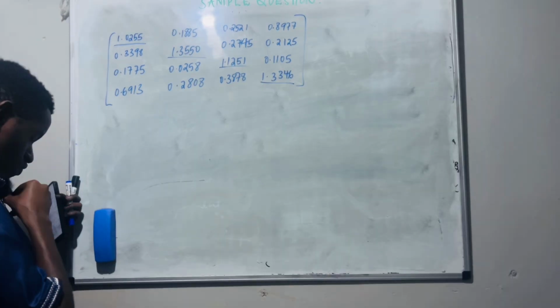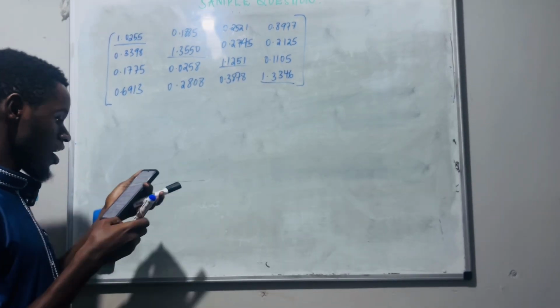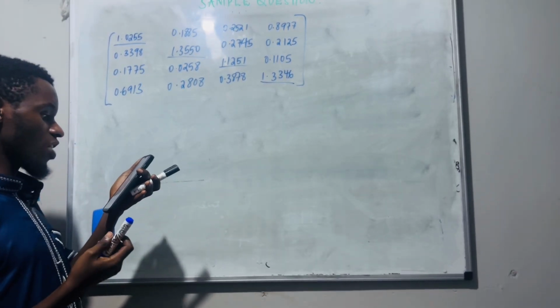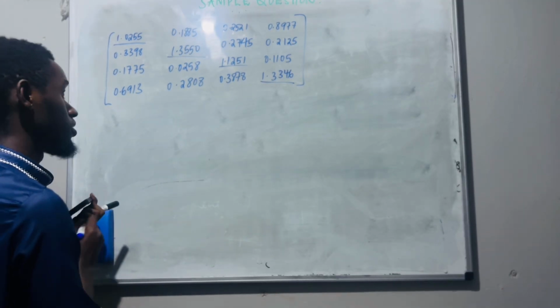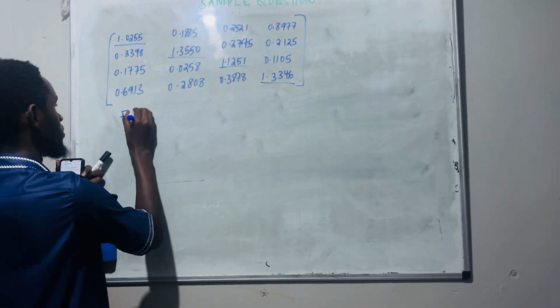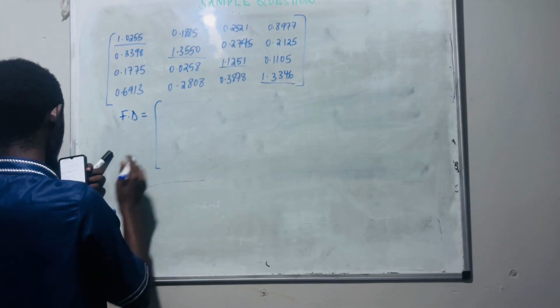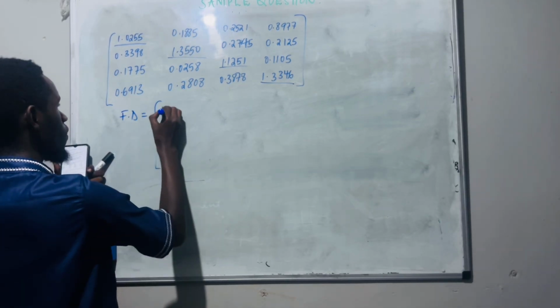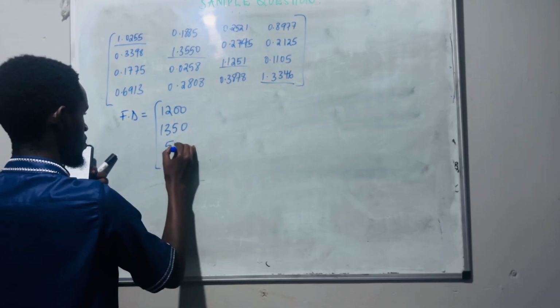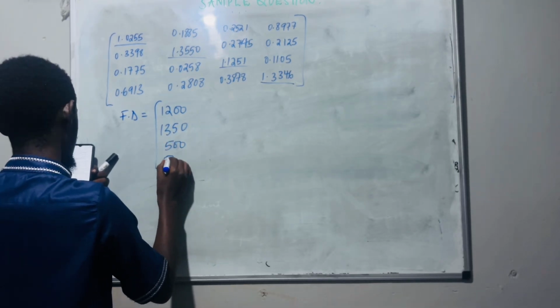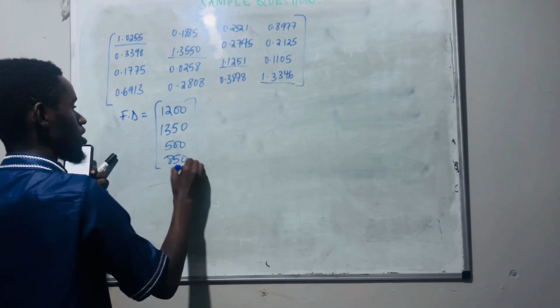For this part, they give us the final demand: 1,200, 1,350, 500, and 850.